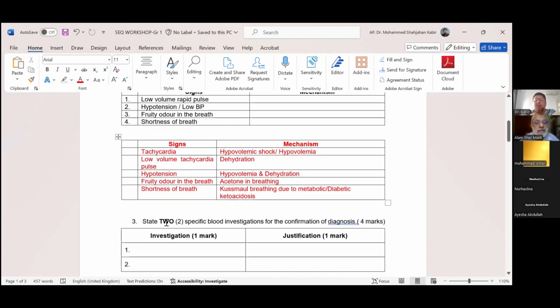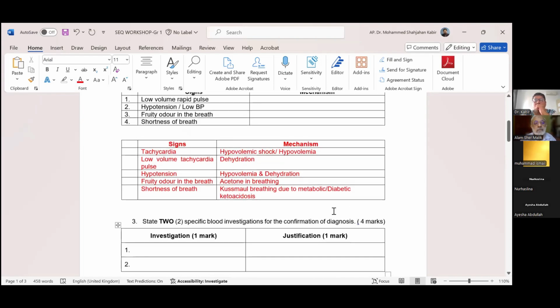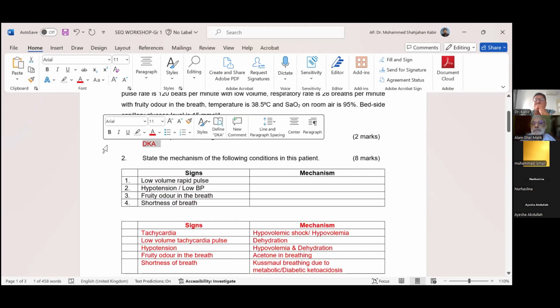Again, let's say the signs and their mechanisms. We are asking without linking to the diagnosis. Is it the same as there? Because in the first one we have given the diagnosis.